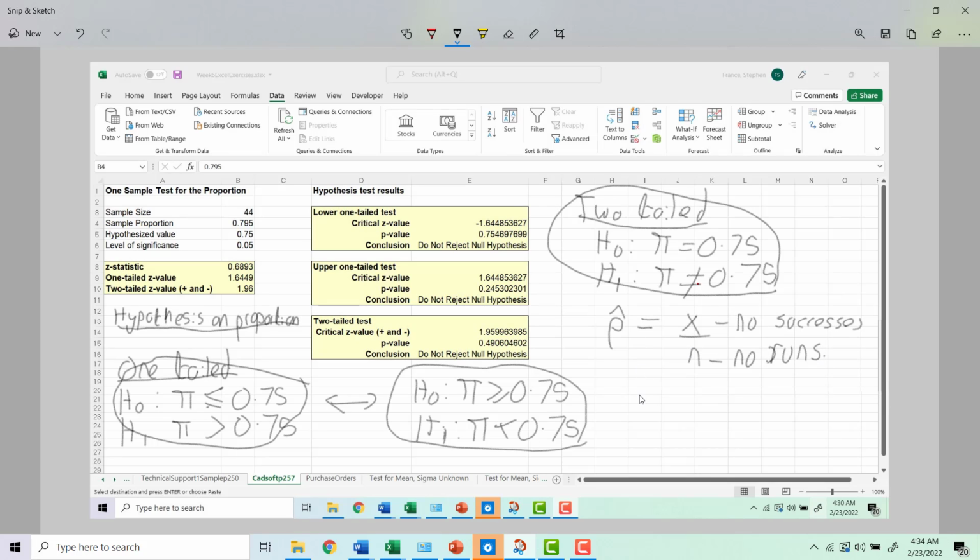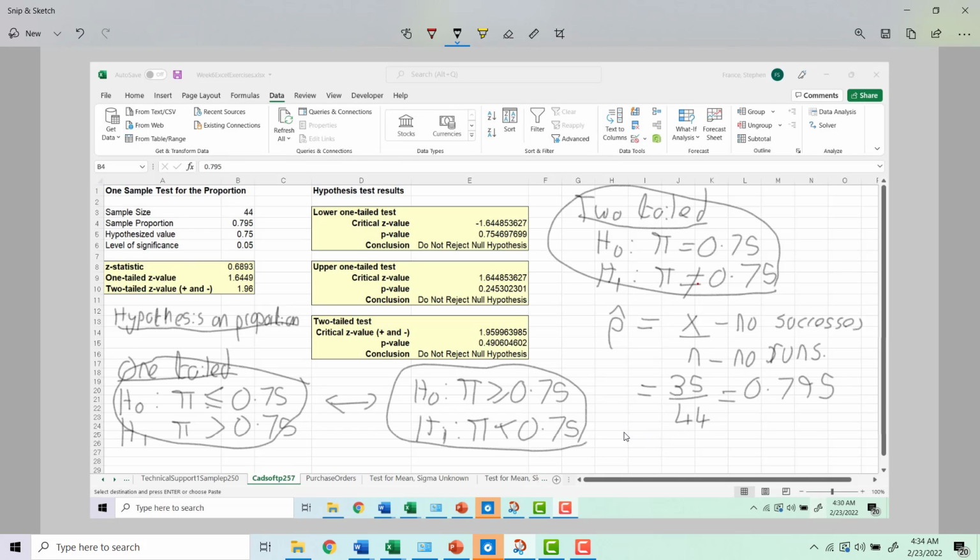And here we're being told that 35 of the 44 responses are in these top 2 categories, which was 0.795. And we could actually put that in the spreadsheet.